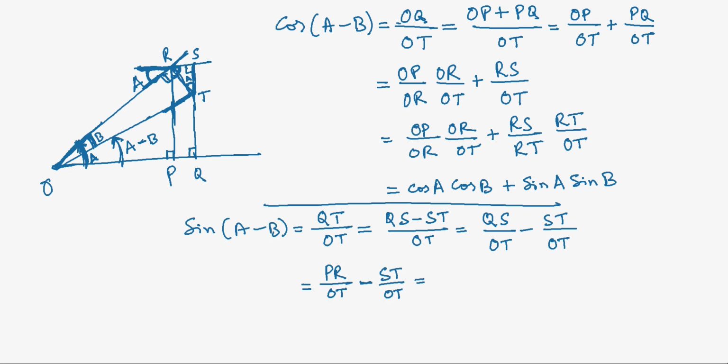As a next step, look at the PR. The PR is in a right angle triangle. PR over what is the hypotenuse there? OR. Very good. We introduce OR in the denominator and balance it with the introduction in the numerator, OR by OT. And ST is in that small triangle RST, so ST over RT, and the numerator also RT over OT.